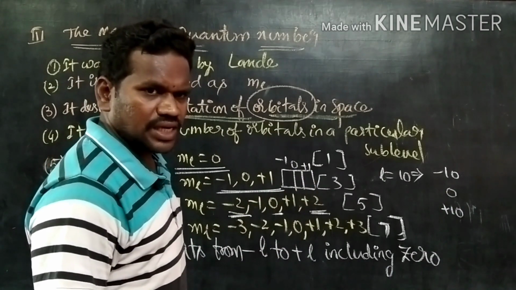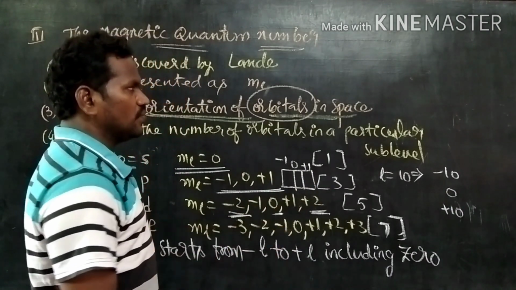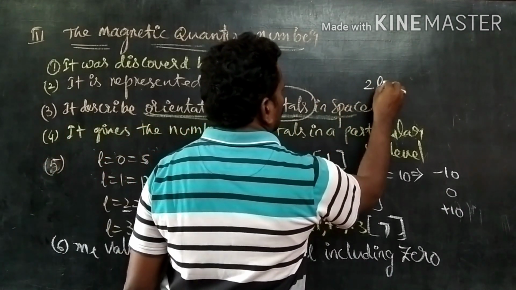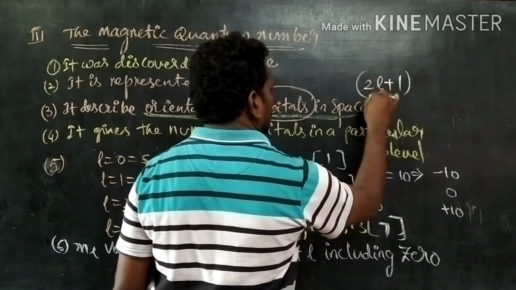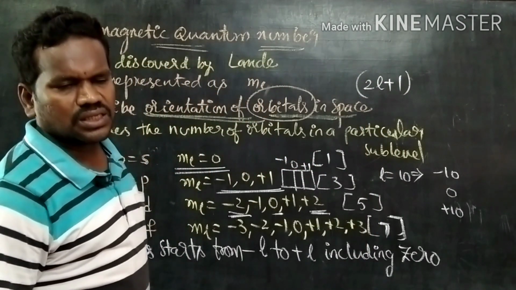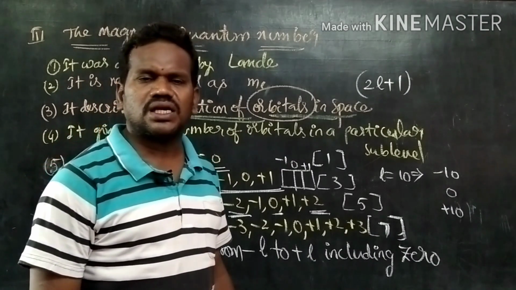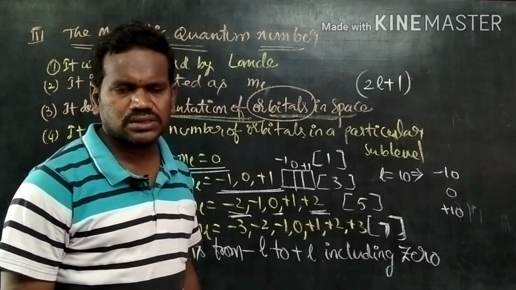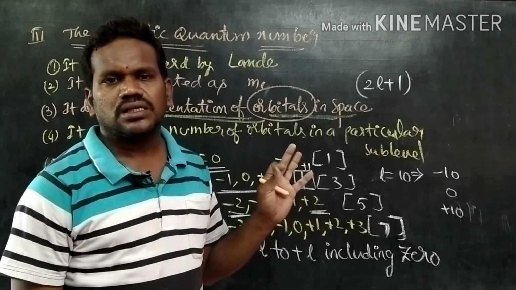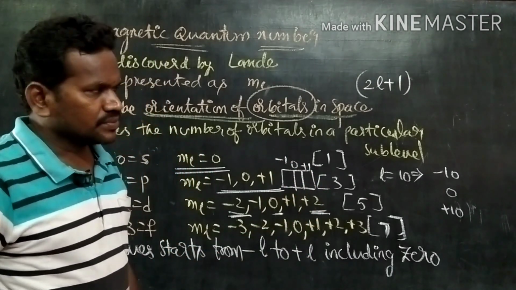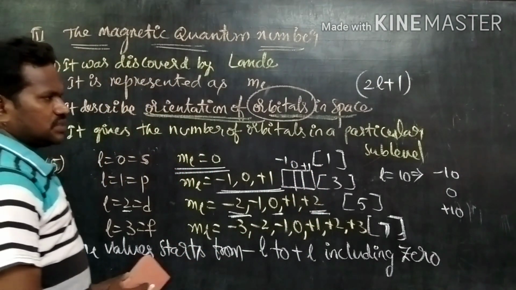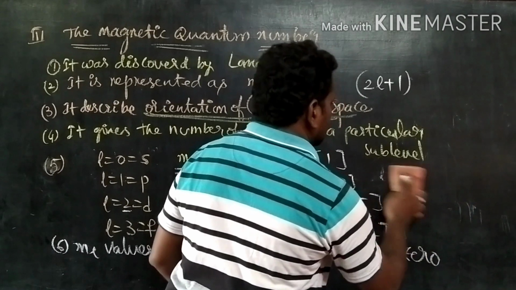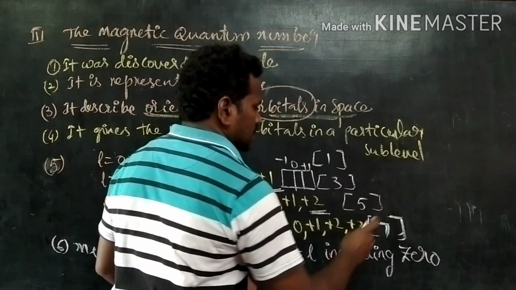Then how to calculate this? These values are given by 2L plus 1. 2L plus 1 is the formula to calculate the number of orbitals present in a sublevel. See the example.